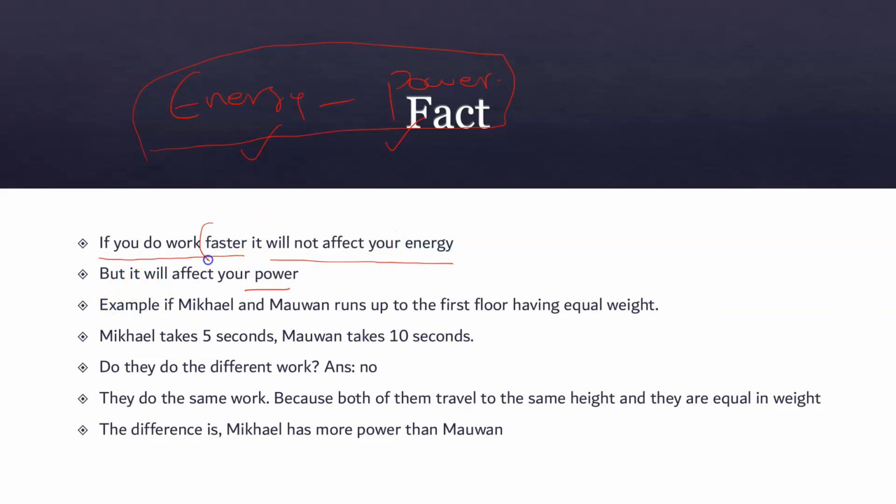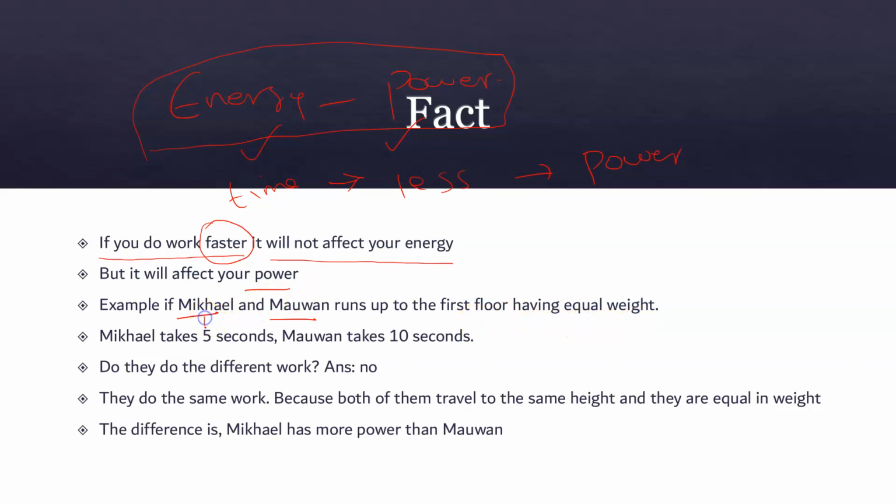So faster in the sense the time. If you take more time to do the same work, you have less power. Okay, if time is less, the power is more. Here example is given: Mikhail and Marwan run up to the first floor having equal weight.